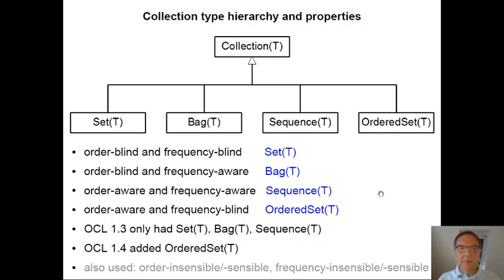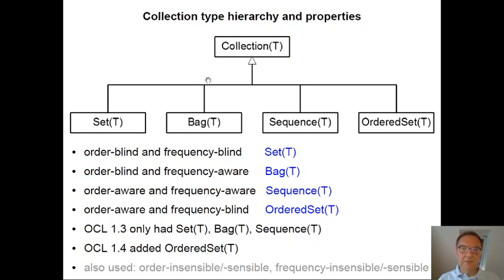This slide brings together the collection type hierarchy and the collection properties. So I've mentioned already that there is a type collection that is a supertype of the 4 different collection types.